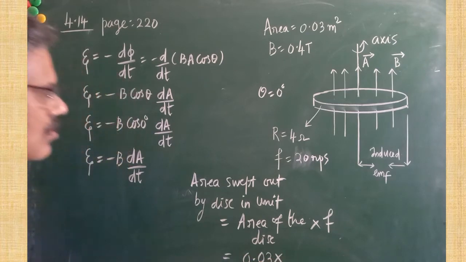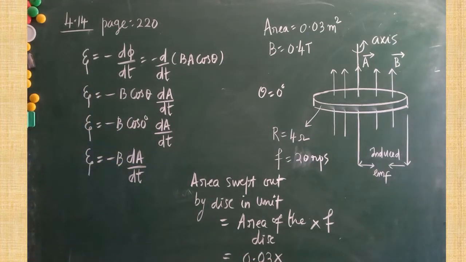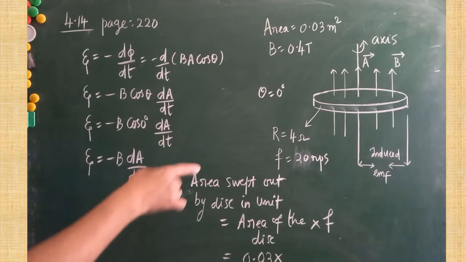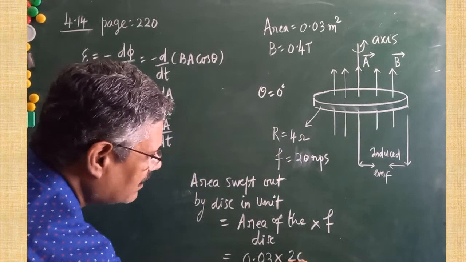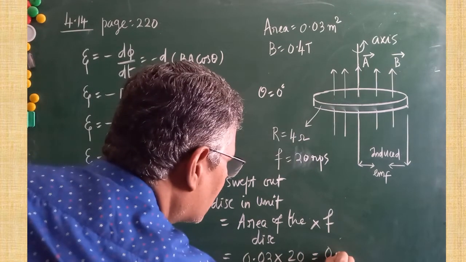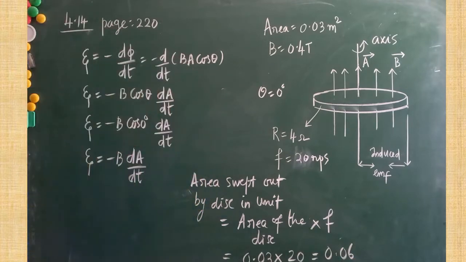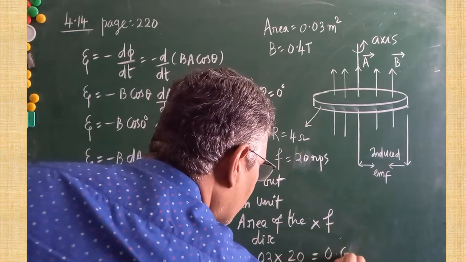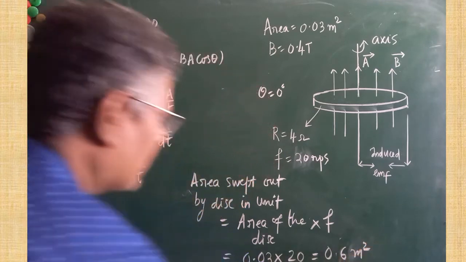The area of the disc is given as 0.03, into how many revolutions are made by the disc in 1 second? 20. Therefore 0.03 into 20, if both are multiplied, is 0.6 meter square.